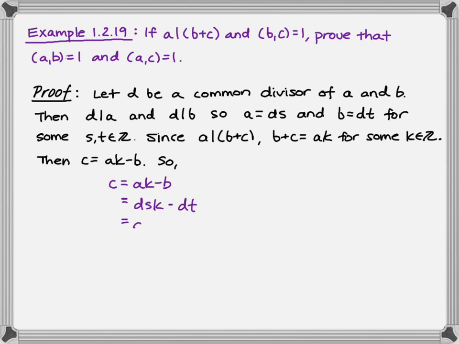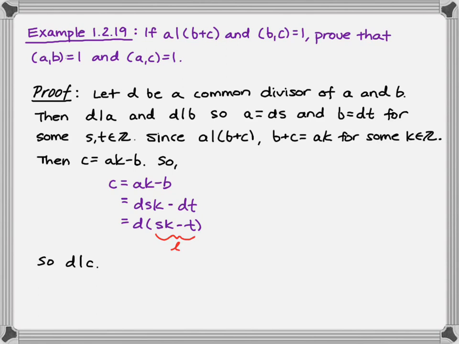We can factor a D out of both of these terms, and we're left with the following. So suppose that we let SK minus T be L for some integer L. We've shown that C is equal to D times L for some integer L, which is precisely what we need to show that D divides C.